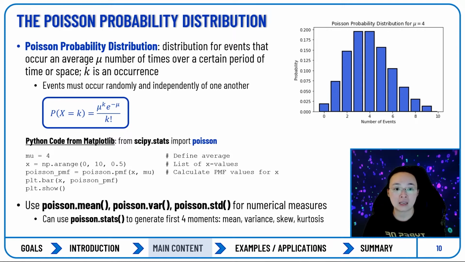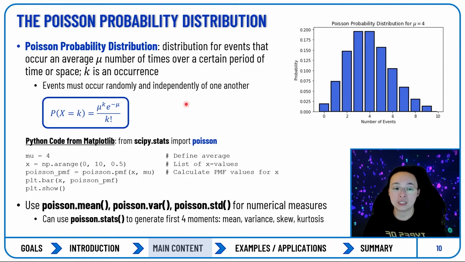We call k one occurrence of that event. Events have to occur randomly, and they must be independent of one another. The distribution is defined as the probability of x equals k. So let's say 4 occurrences taking place is equal to this equation.